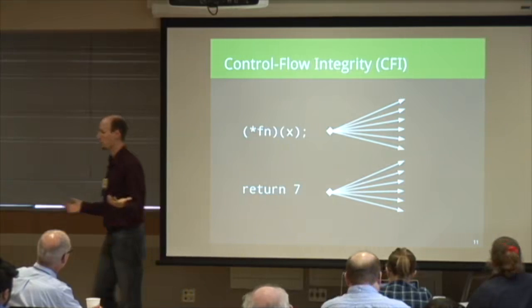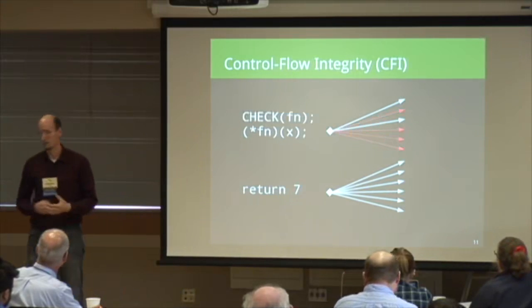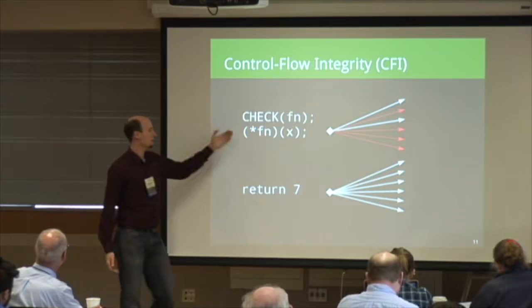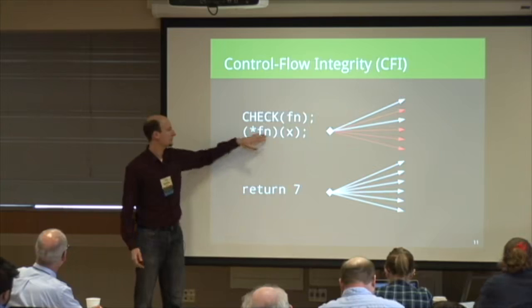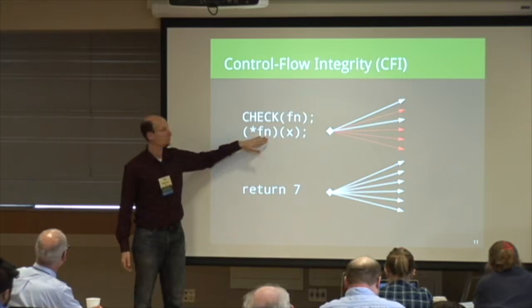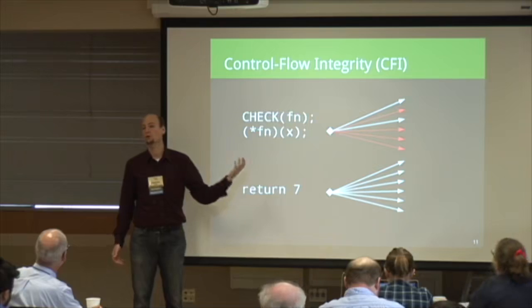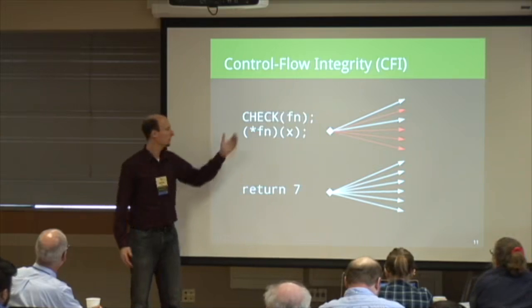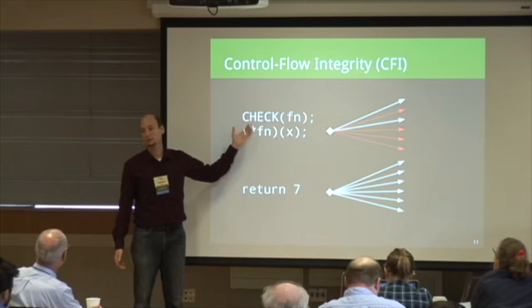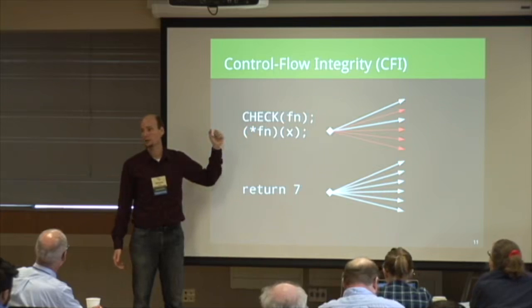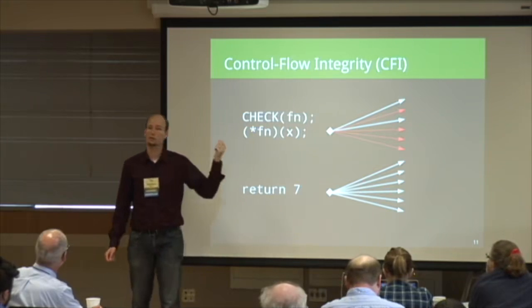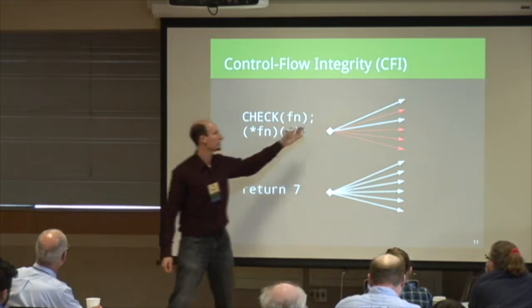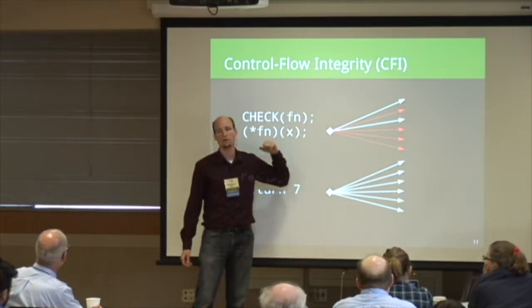So what does CFI do? It restricts those targets. Instead of just following this transfer, we verify the integrity of the function pointer before we use it to transfer control. So during the compilation or during the binary rewriting, we add an additional check that says: check the current value of this function pointer to see if it is in the set of valid targets.